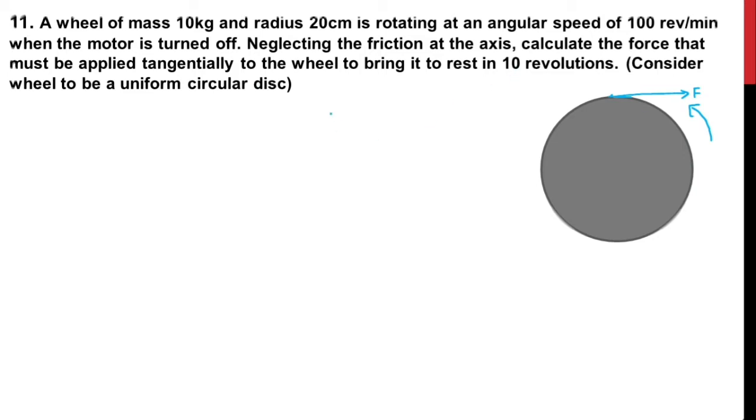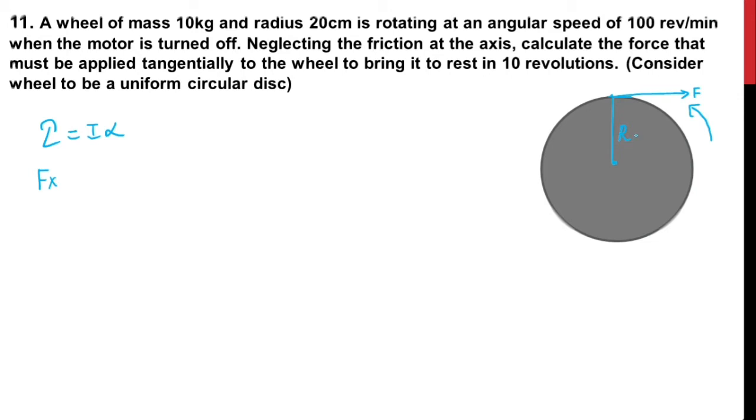In order to calculate the applied force, we can use the formula torque tau is equal to I alpha. And as we already know, torque is equal to force into perpendicular distance. Here you can see this is the axis of rotation, so what is the perpendicular distance?